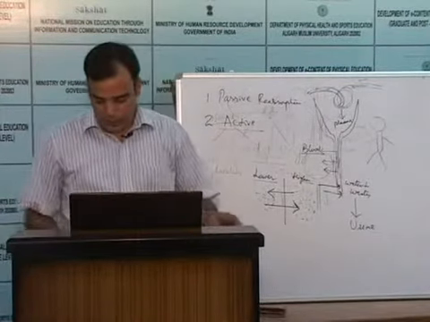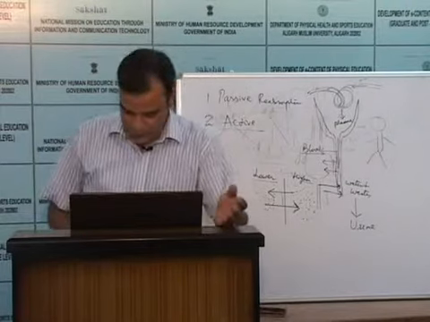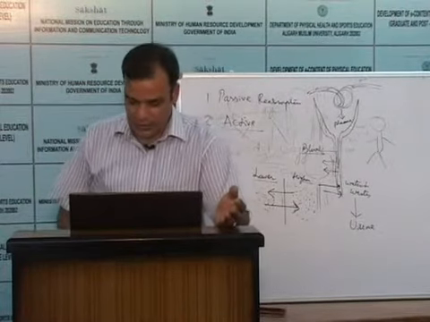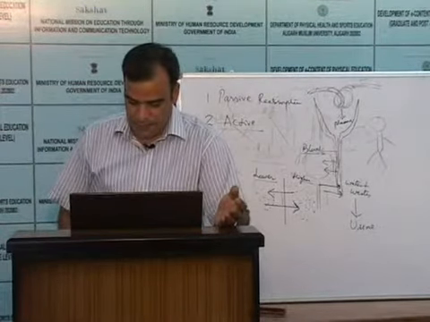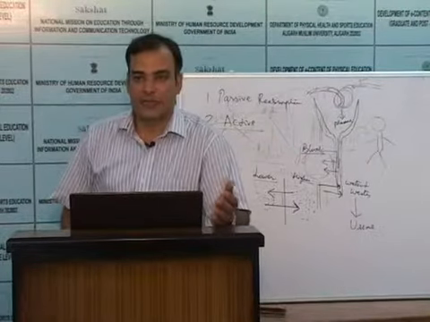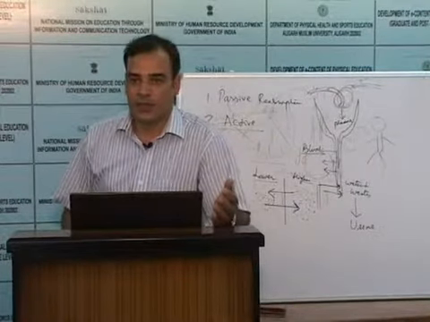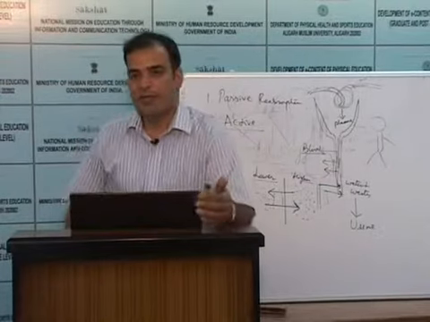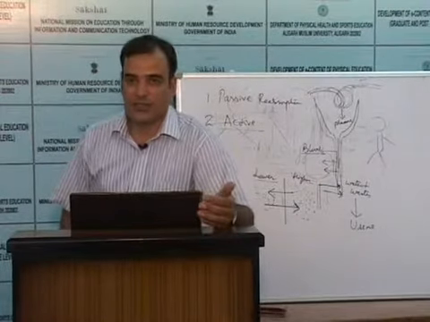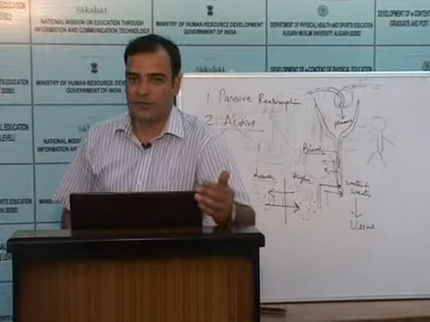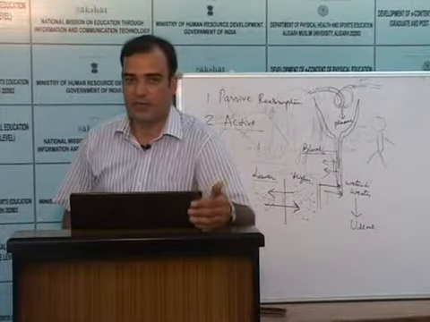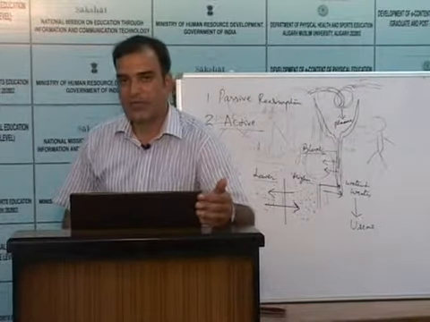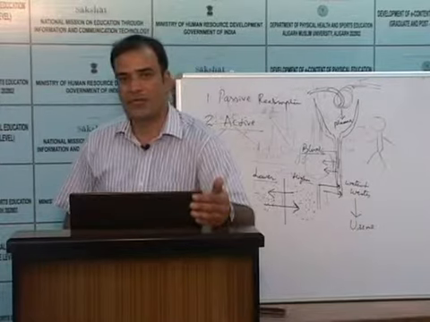So in this process of excretion, we studied first what is excretion. Second, we discussed what are the different organs of excretion, for example, digestive system, lungs, liver, but the major excretory system is the renal system.